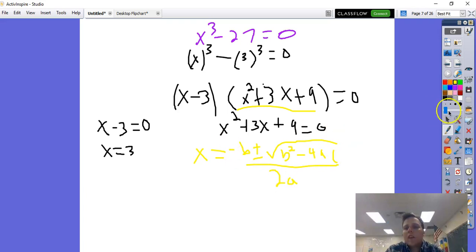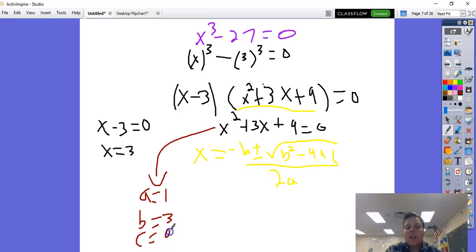Then you need to state what a, b, and c are. A is always the number in front of x squared, so that's 1. B is always the number in front of x, so that's 3. C is always the constant, so that's 9.